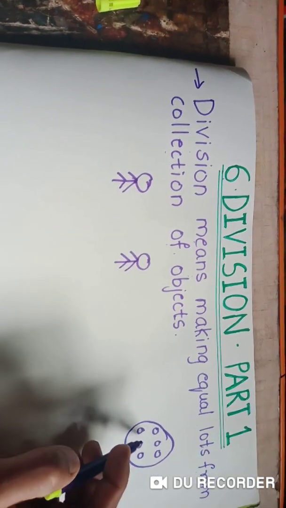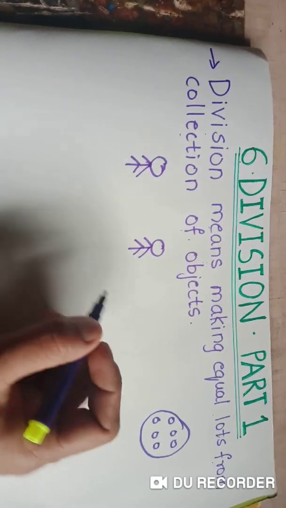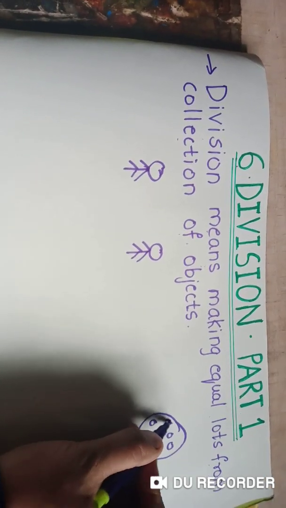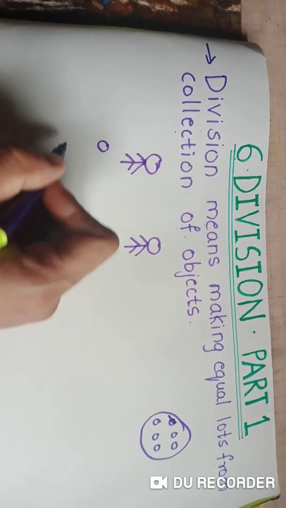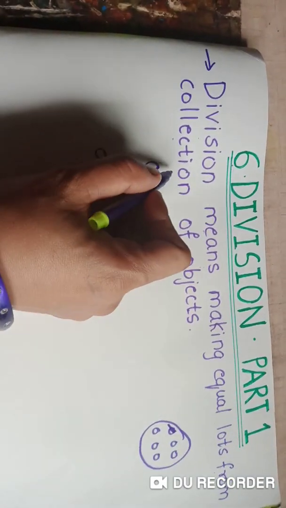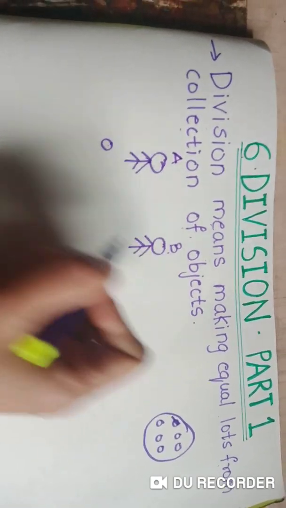Now the 6 chocolates we have to give to these 2 children. How will we give? First chocolate we will give to this first one. For example, we will name them A and B.